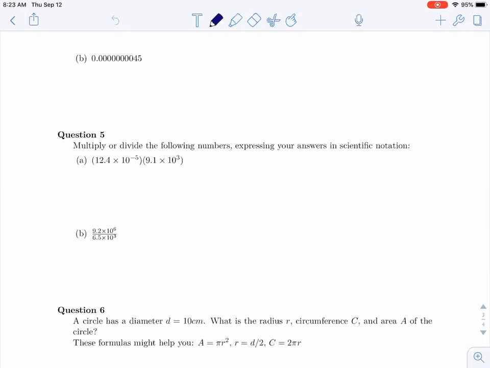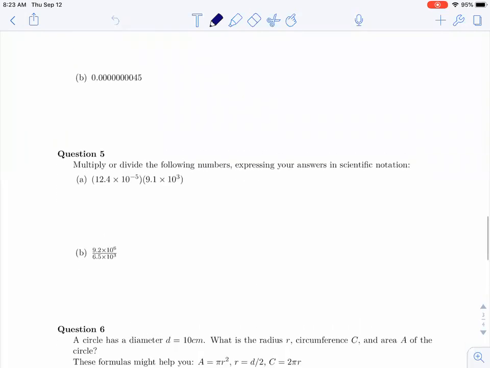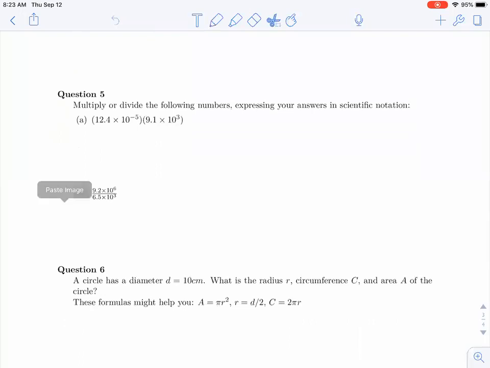But you're right, the final answer should have fewer decimals. But at this point, we haven't talked about sig figs, so I'm just keeping as many decimals as I can. But you're absolutely right.